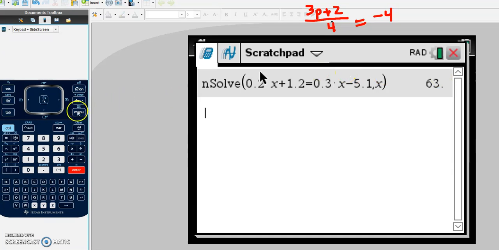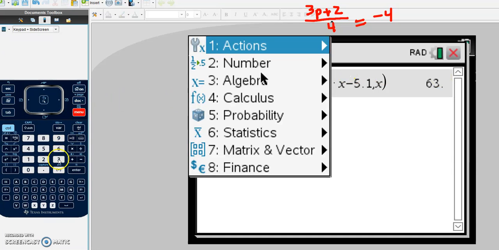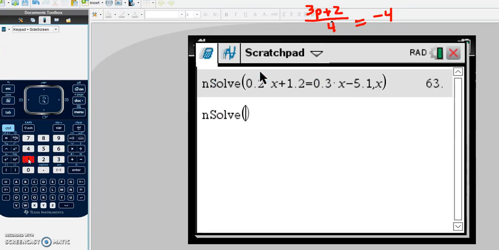Okay, so let's type that into the calculator. Again, remember we're going to go to Menu, and then Algebra, and Numerical Solve. To do a fraction, we can do a couple of different things, but I'm just going to do Control Divide to get my fraction bar there. Then I'll have 3p plus 2 in the numerator, and in the denominator I'm going to have 4. Arrow over, hit equal, and it's going to equal -4.